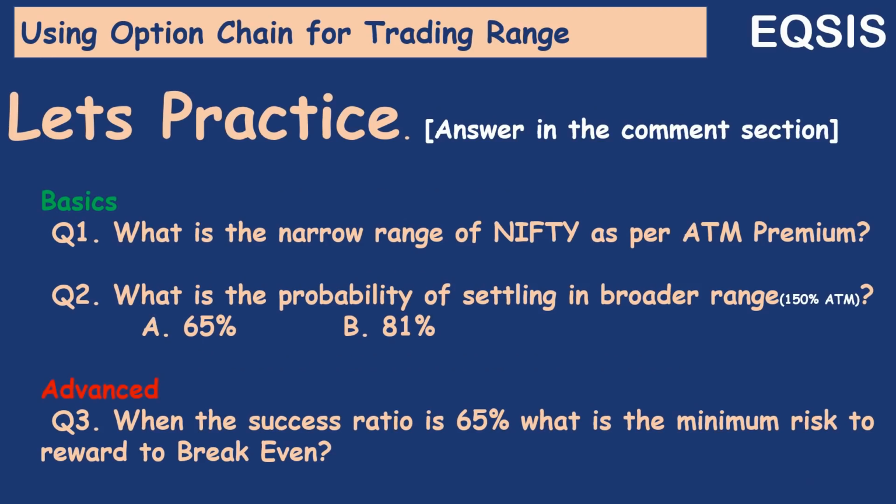When you conclude this video, you may be in a position to answer these questions. If you are a beginner, you may be able to answer the first two questions, but if you are a pro, you can answer even the third question. Look at the first question. It's all about how to understand the narrow range of the market, the Nifty. If you understand the likely range of the market, then you can build strategies on top of it. That's a very common question for any option trader.